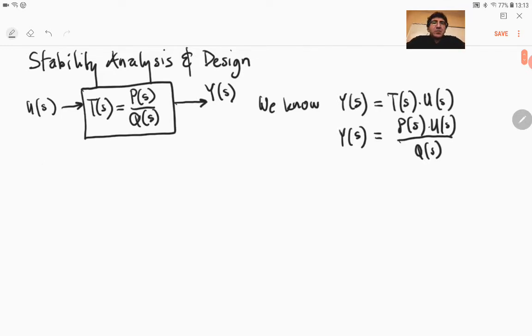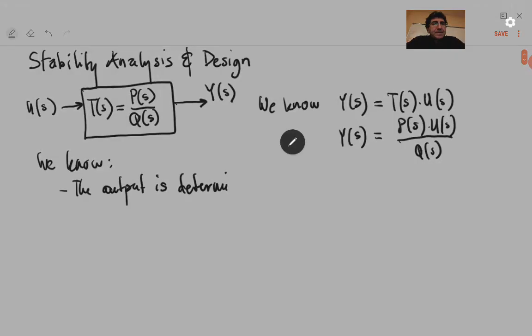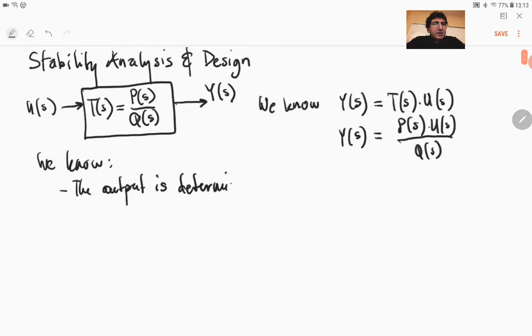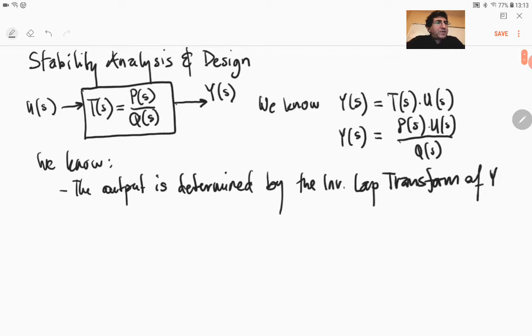So what we know also is that the output of this system is determined by the inverse Laplace transform of y of s. Okay, so if we wanted to determine y of t, we will have to take the inverse Laplace transform of y of s.